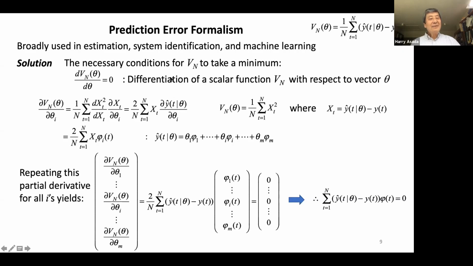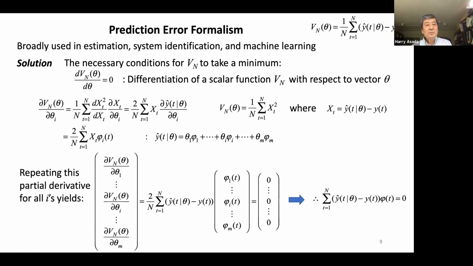Maybe some of you have never seen a scalar function differentiated with respect to a vector, but don't worry. You can treat it in the same way as scalar by scalar differentiation. Theta is a vector, but you can do it component by component.